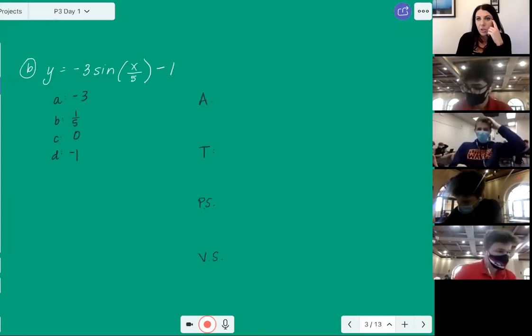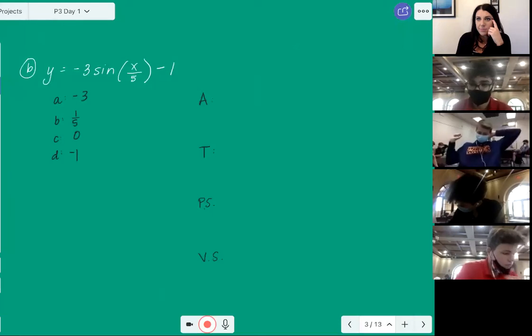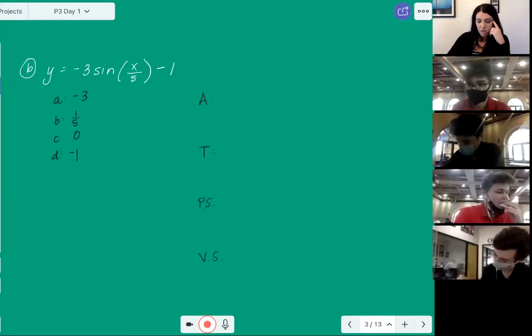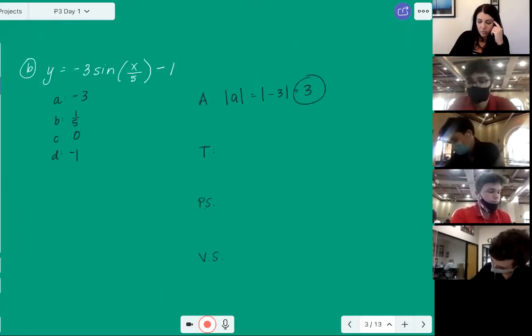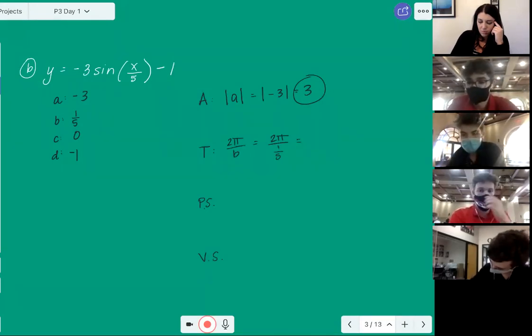Okay, let's go to Ben. Ben, what's my amplitude, or how do I find it? Talk me through that. The amplitude is the absolute value of A, so it's the absolute value of -3, which is 3. Perfect. How about the period? The period is 2 pi over B, so it's 2 pi over 1/5. That's the same thing as 2 pi times 5, which is 10 pi.